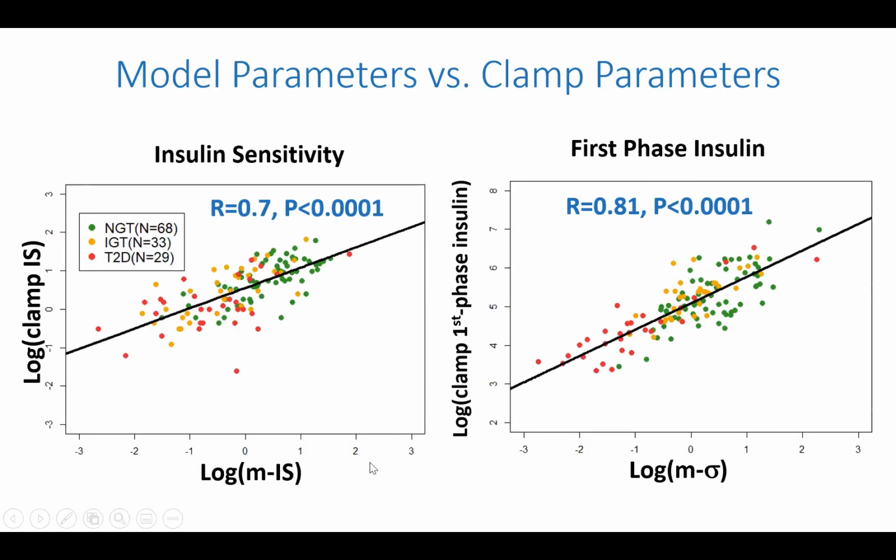In the left panel, the x-axis is model insulin sensitivity and the y-axis is clamp SI. The correlation is good. In the right panel, the y-axis is first-phase insulin secretion and the x-axis is model-derived beta cell function. The correlation is really good. The second phase gives a similar result.